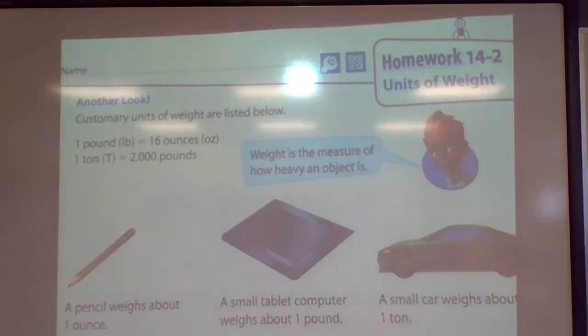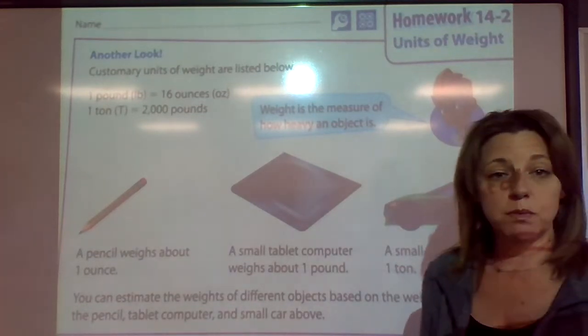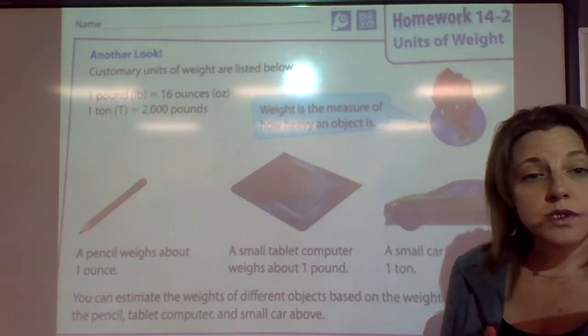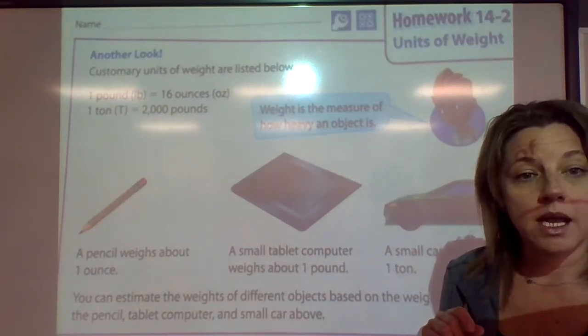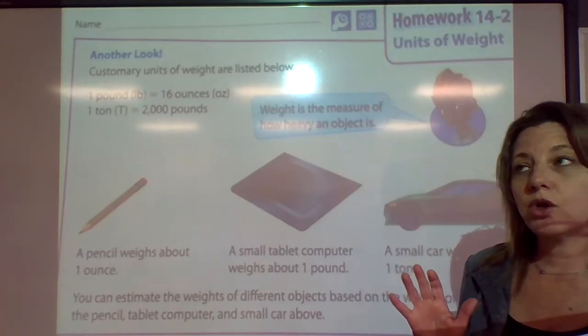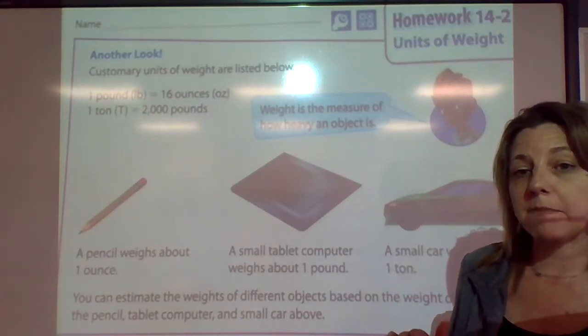Today we are talking about customary units. We're talking about three very common units of measurement for weight: an ounce, a pound, and a ton. What's good about this is there's not a whole lot of overlapping.